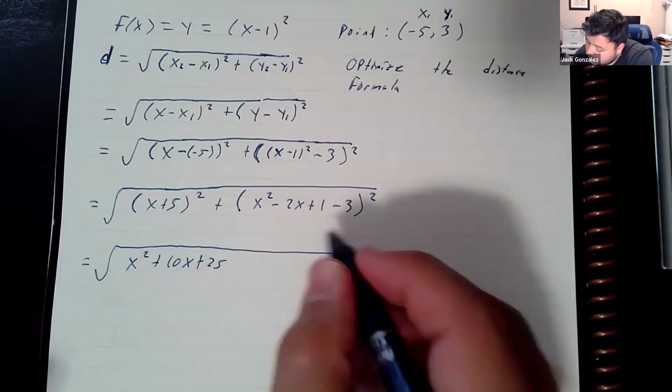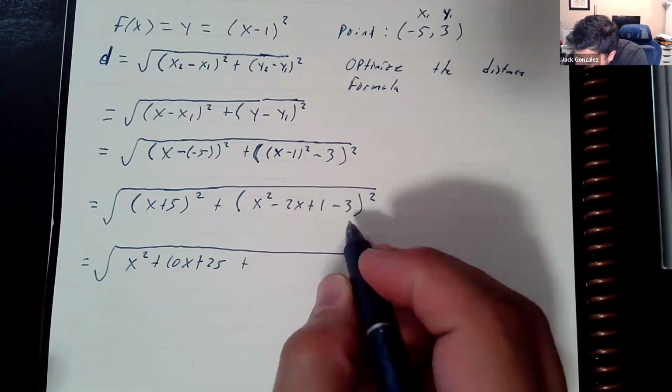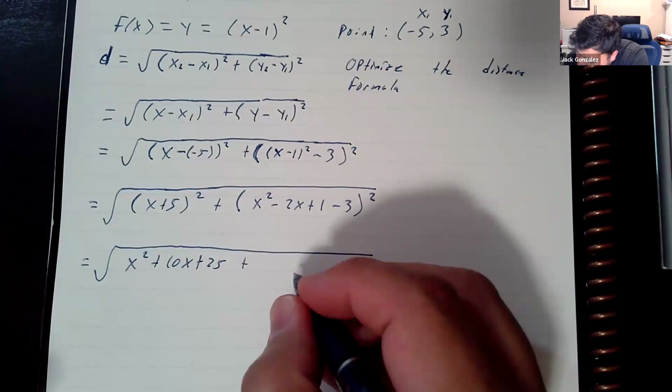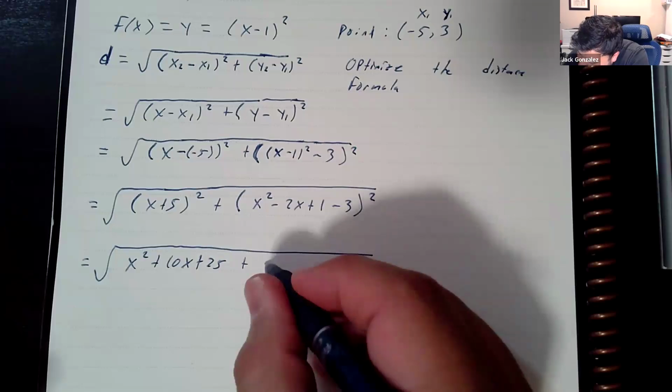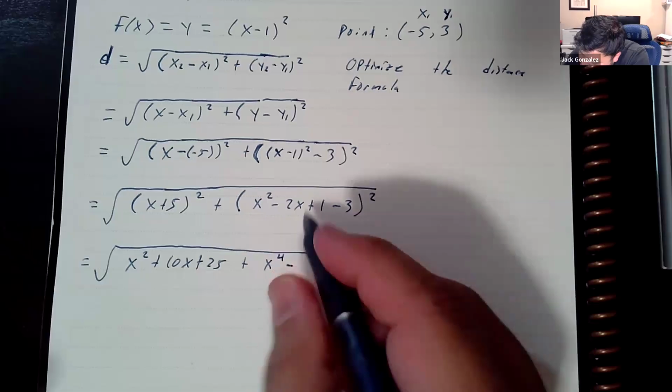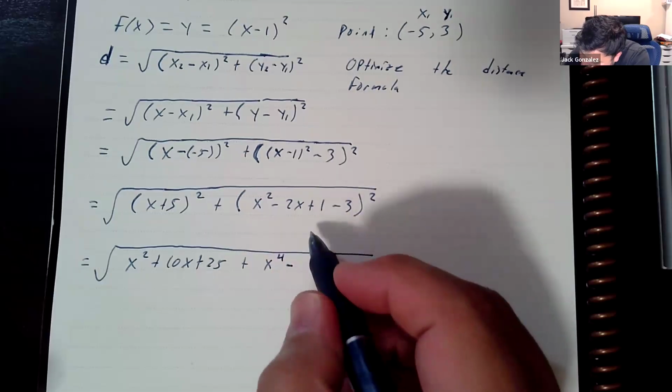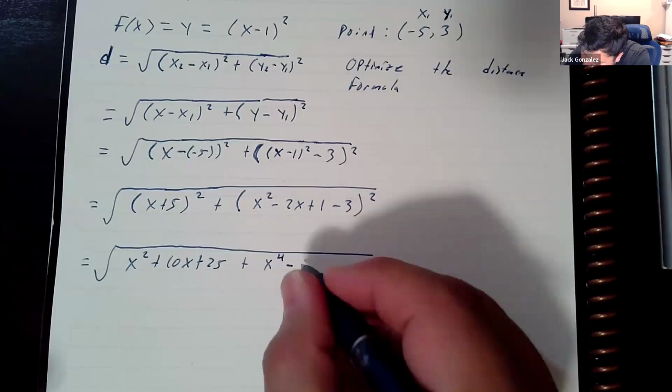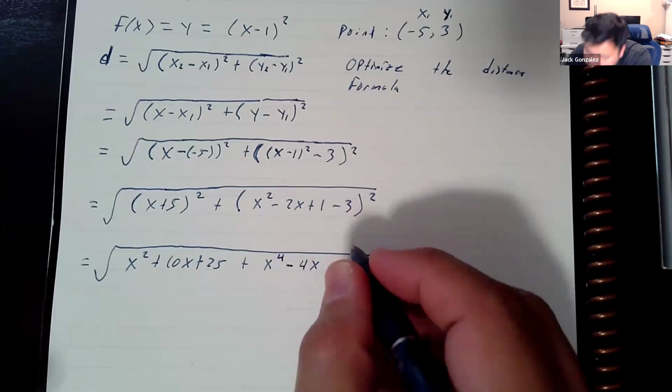That will be x to the 4th minus 2x squared, 4x, plus 4. There we go.